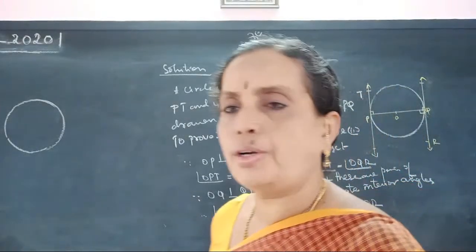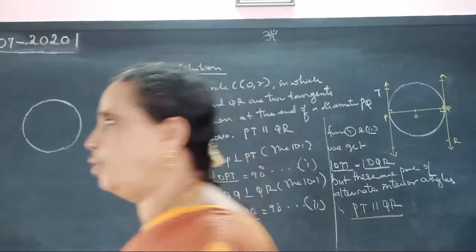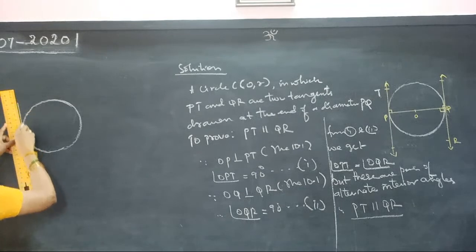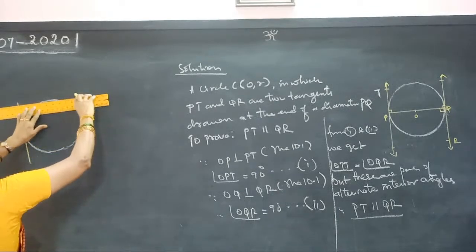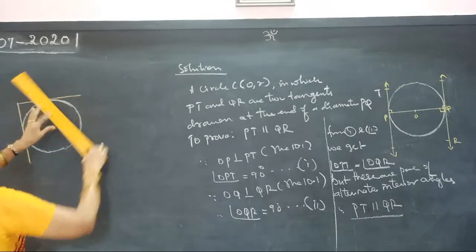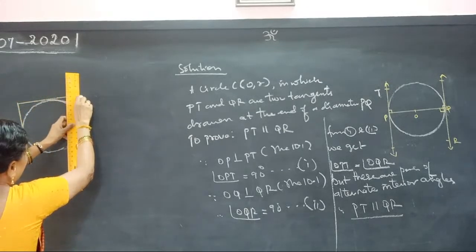ABCD is a quadrilateral touching the circle. So it is circumscribed by a quadrilateral like this. In the worksheet I have given the figure.